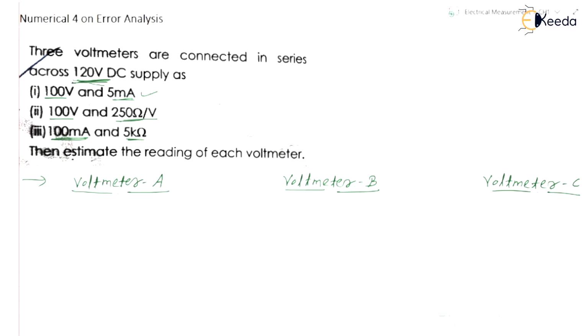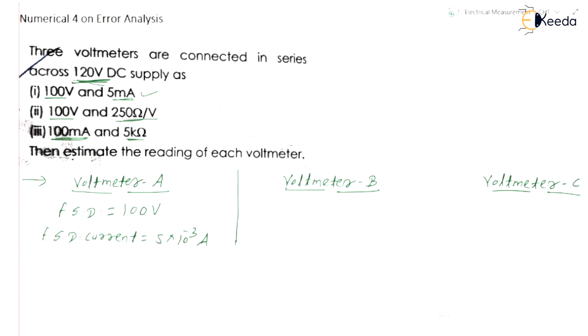For the first voltmeter, the full scale deflection is equal to 100 volt. And what is the full scale deflection current? Yes, it is equal to 5 milliampere. So 5 into 10 to the power minus 3 ampere. Okay, so this is for the first voltmeter.